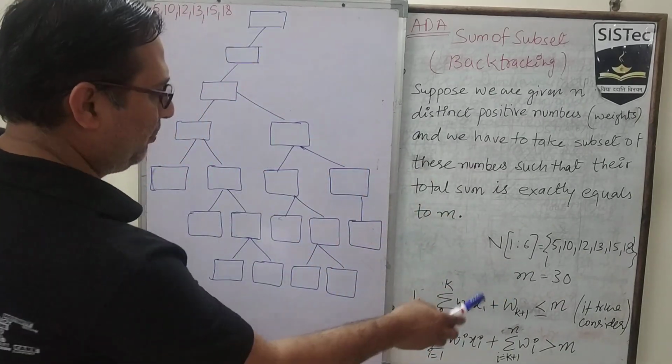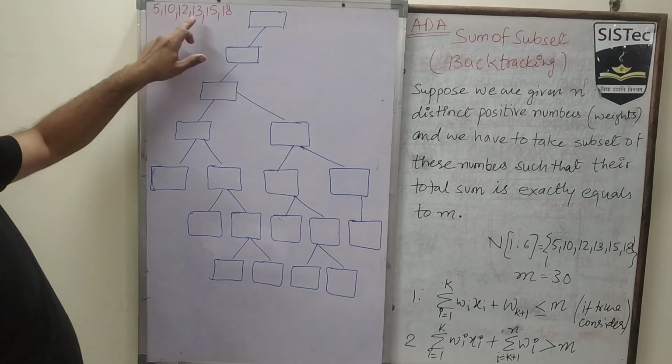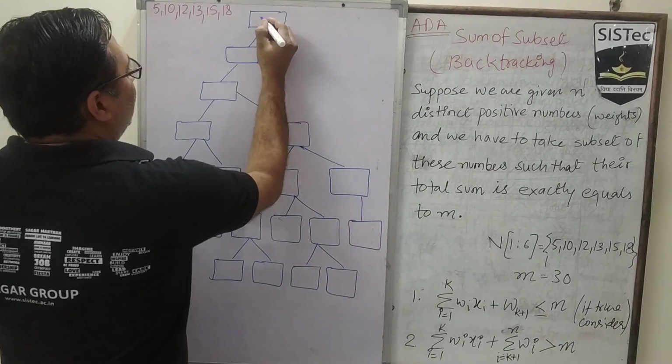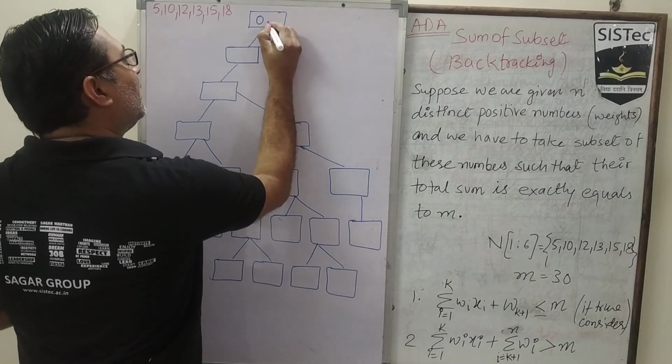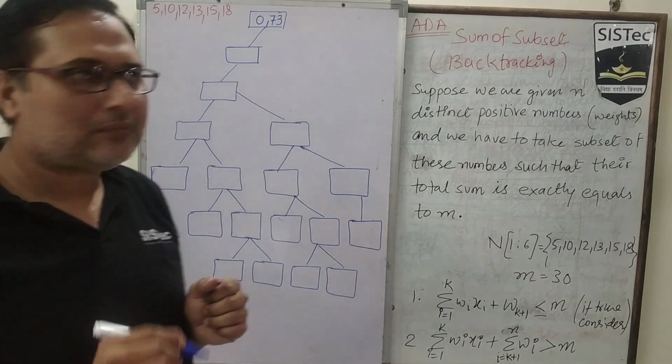Just consider the same example I am taking. We have 6 weights 5, 10, 12, 13, 15, 18. Initially we have not considered any of them and the total sum is equal to 73.